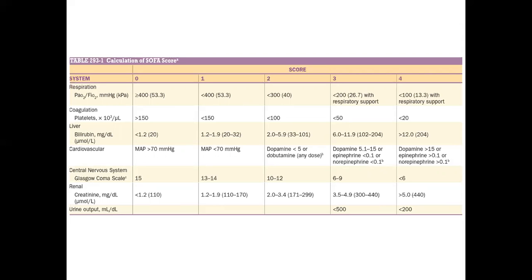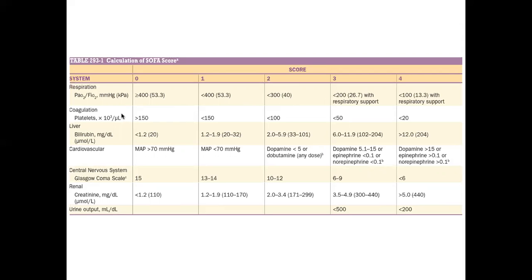With a normal value of more than 400 millimeters mercury, the score is 0. However, with worsening hypoxemia, say at the start of ARDS, when the value of the PF ratio is less than 300, you get the higher score.